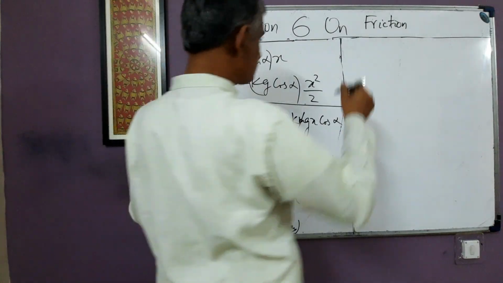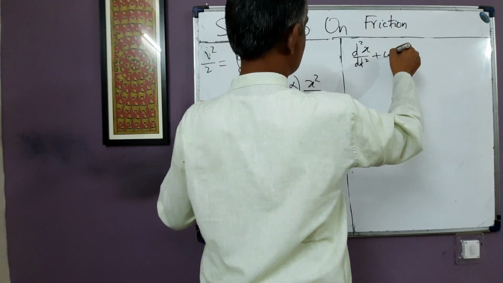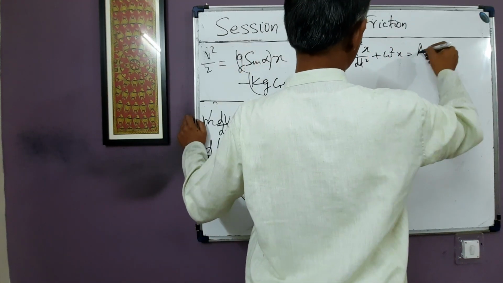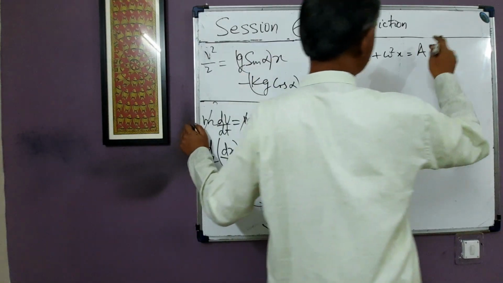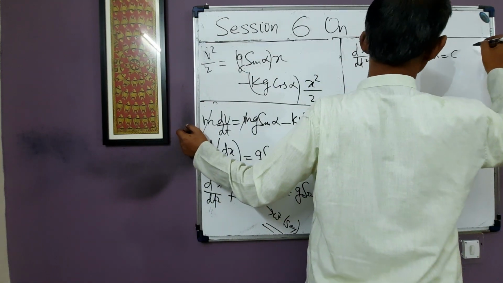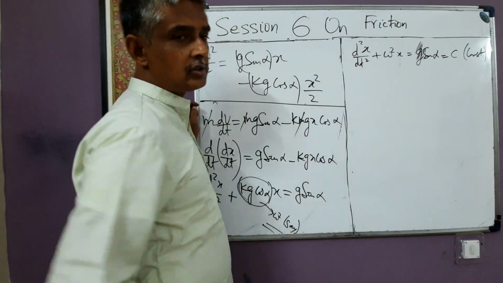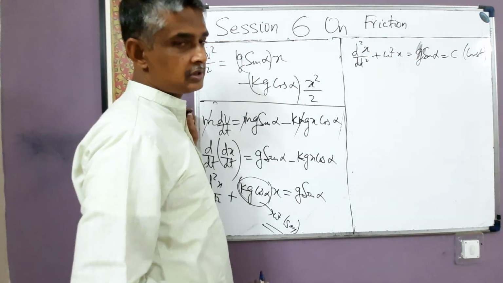So this equation becomes d2x by dt2 plus omega square x equal to g sin alpha, which is a constant. Let us call it c, say, a constant quantity.